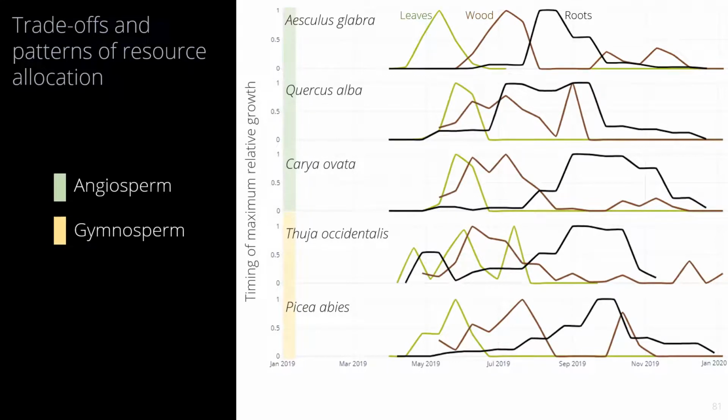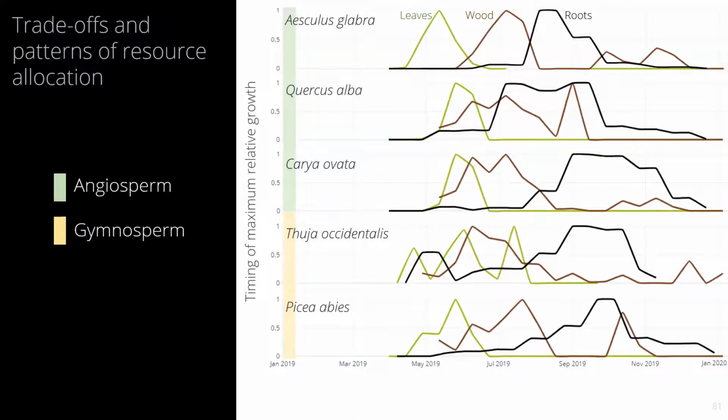But in general, this sequence of leaves to stem to roots was consistent across essentially all of our species, including our gymnosperm species. So again, leaves to stem to roots here in Picea abies. Despite the fact that there's always something unique happening, that general sequence was quite consistent.